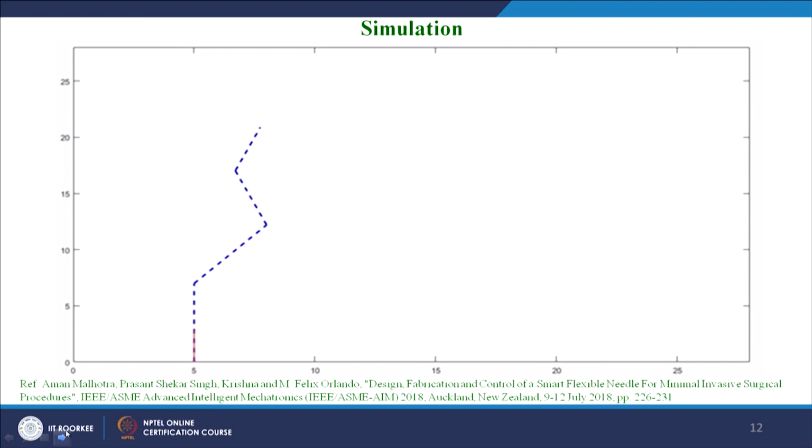And this is the simulation where the blue line is the desired joint angular shape of the needle while reaching this target, and the red one is the actual needle coming and following that. You can see again the insertion part, and the needle is coming and getting set with these joint angles, first, second and third.